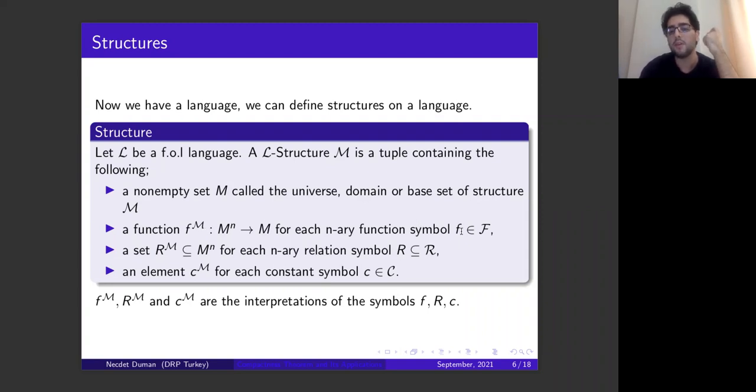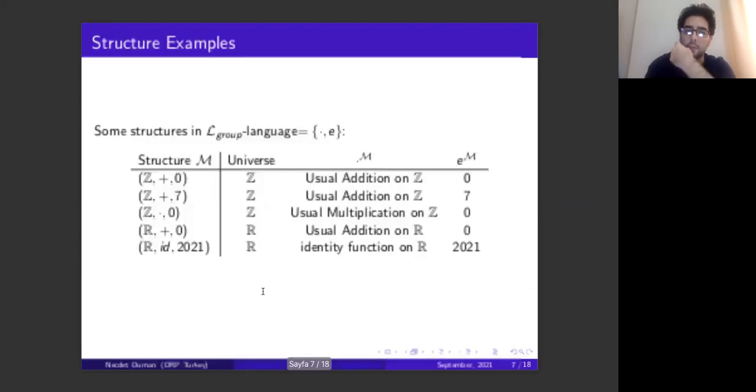For every function symbol in our language, we will have a corresponding function in our structure. For every relation symbol, we will have a corresponding relation. And for every constant symbol, we will have a corresponding constant. The corresponding objects for the symbols are called interpretations of these symbols.